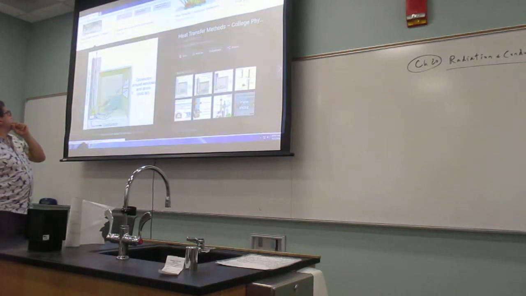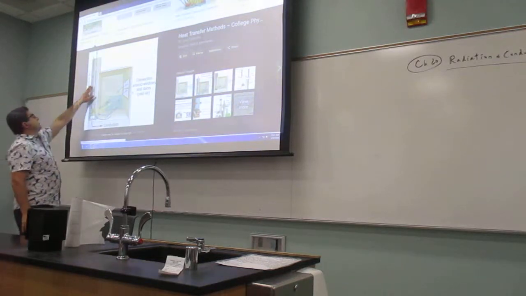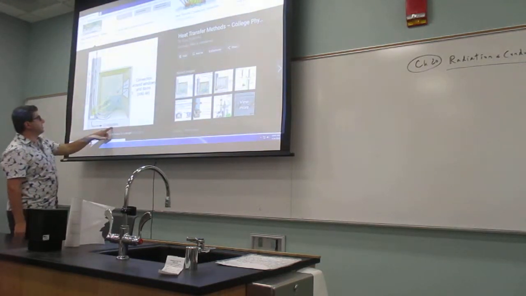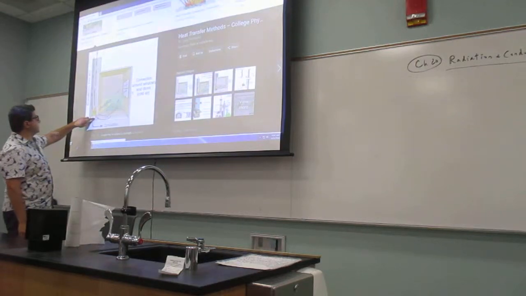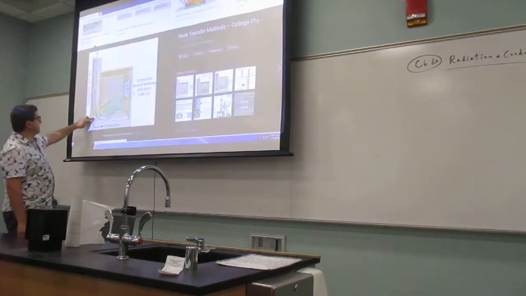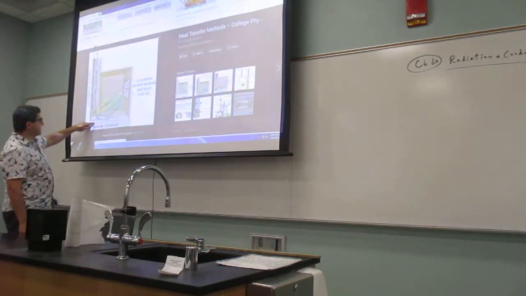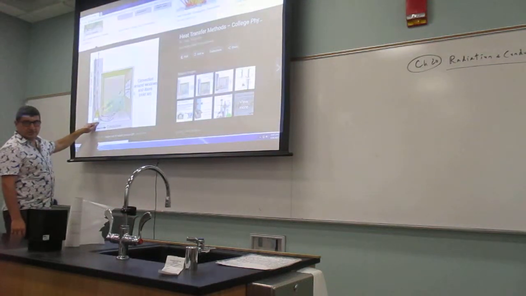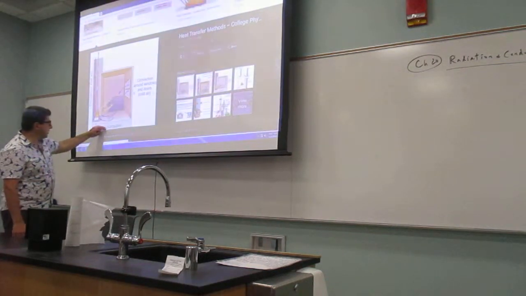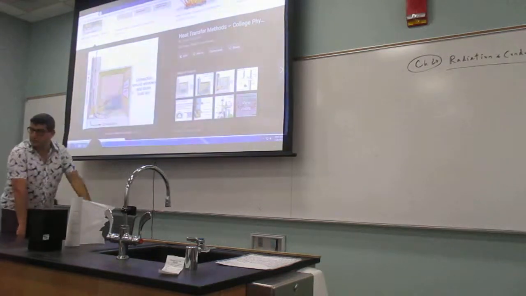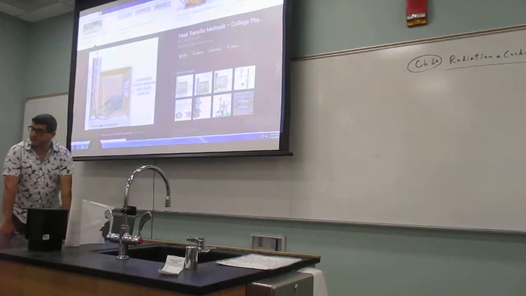And then you've got here convection, hot air is rising. Then you have conduction, so the fireplace, the fire gets hot, and because it's in contact with this, it conducts the heat through any solid material. So now the floor gets hot by conduction.